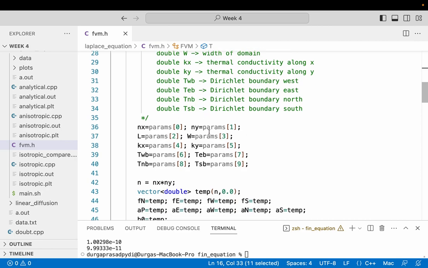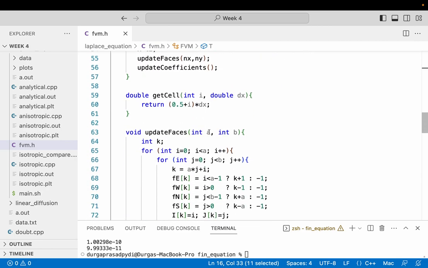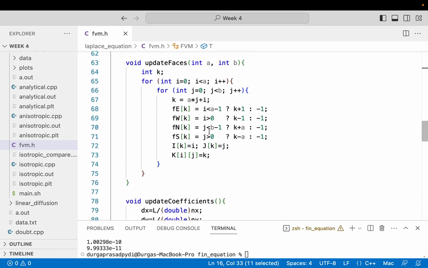That is exactly the thing I have done here. See, updating phases essentially goes from i equal to 0 to the number of columns, and once I reach that particular column, I will update the value of k as a times j plus i, and then all the phase values will be given corresponding indices. Now the only point is, if it is on a boundary, say on the bottom phase or the rightmost boundary, then you don't have an east phase to it.